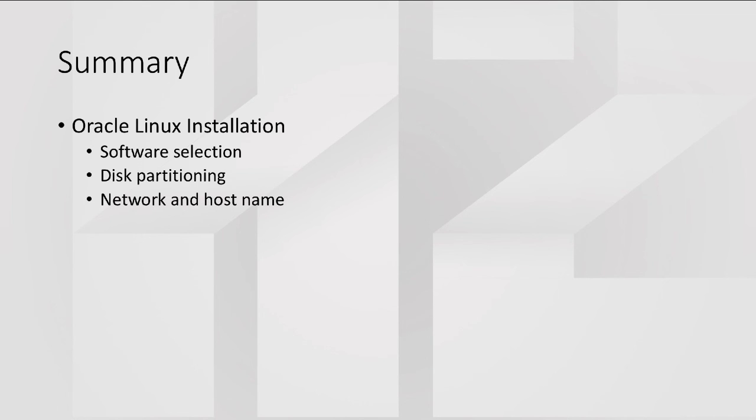We also showed you how to enable the network card and how to set the hostname during the installation process. The next module will see how to patch Oracle Linux and how to configure VirtualBox's guest additions.